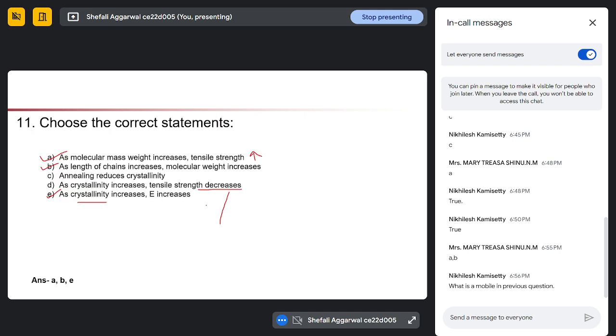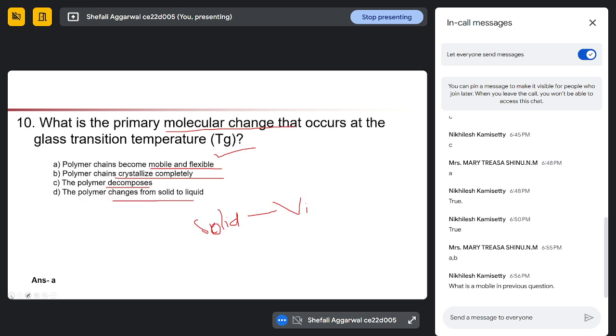This one. Mobile means moving condition. Instead of being at a fixed position, your polymer chains will start moving and they will become more flexible. Mobile means moving. Okay.